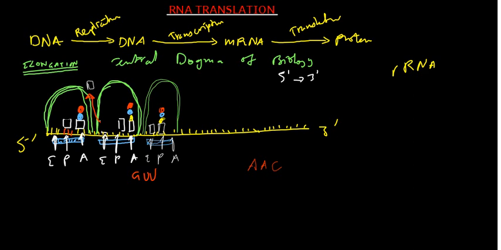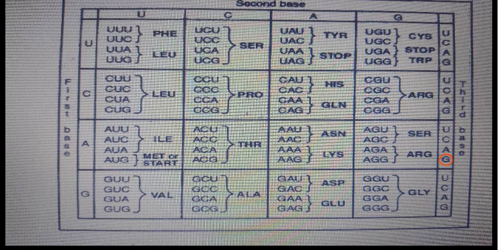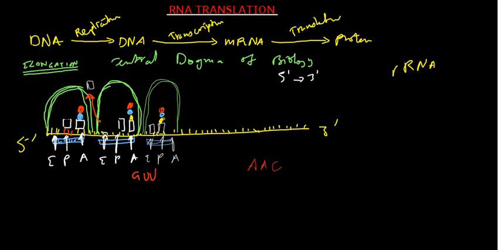What amino acid is going to be brought? So AAC, we go on and read it. AAC is here. So the next amino acid that is going to be brought is that one. So we are going to take now another tRNA to bring that amino acid. So another tRNA comes there to bring that amino acid.